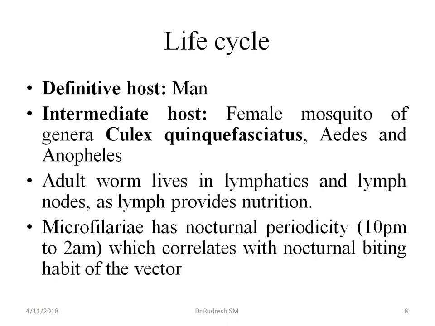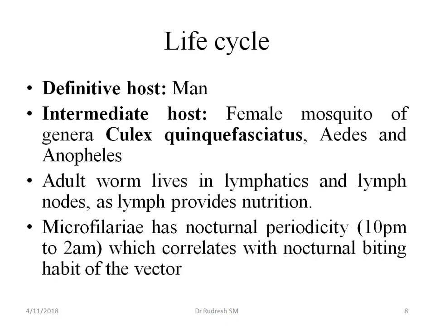Usually the habitat of the adult worm is the lymphatics or lymph nodes, and they specifically choose the lymphatics because lymph is rich in nutrition and provides the necessary requirements for the parasite. Also the microfilariae have a nocturnal periodicity.